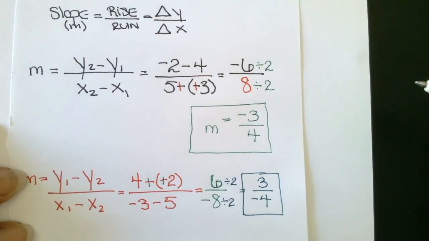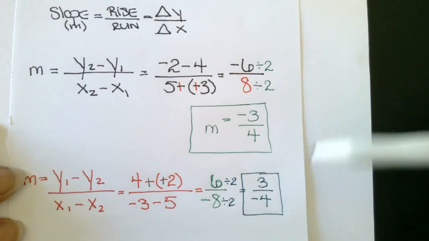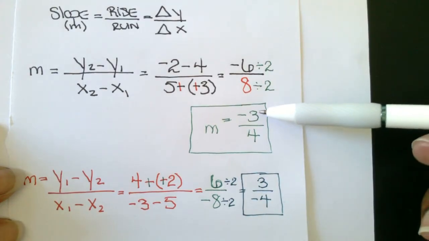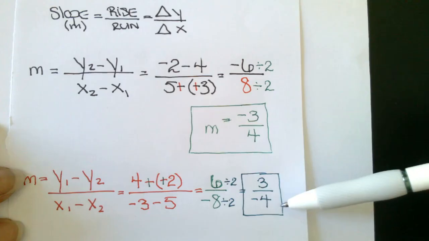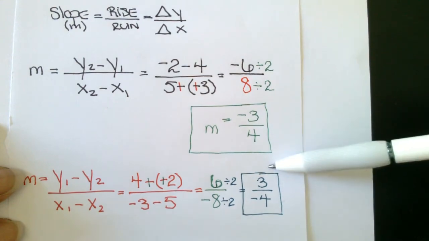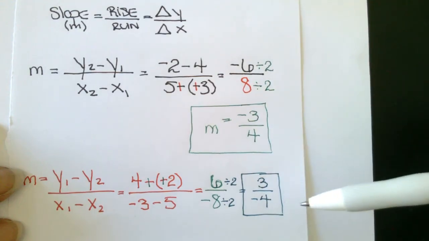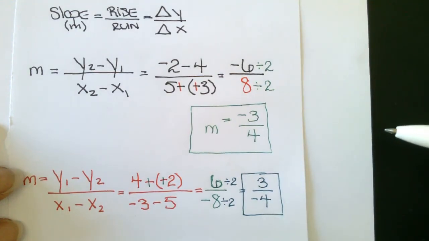Two different ways, same result. Now here's the thing about negative slopes. Only one, either the numerator or the denominator, needs to be negative. Not both, one or the other, in order for it to be classified as a negative slope.